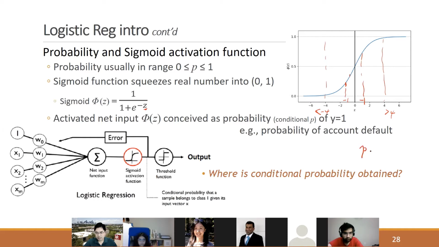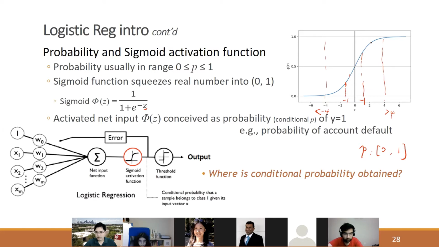Probability is a quantity to estimate the likelihood of something happening, right? Probability is between 0 and 1. One benefit of logistic regression, or the sigmoid activation function, is that the activated value is right between 0 and 1.